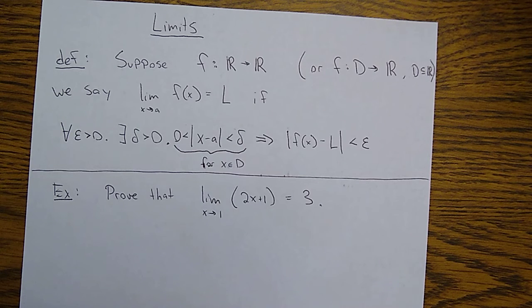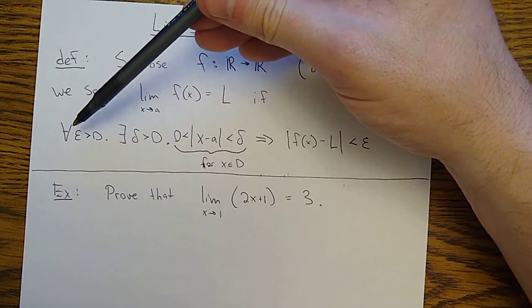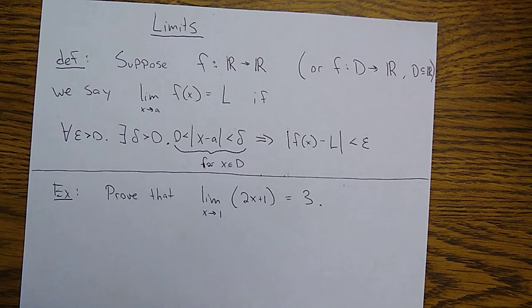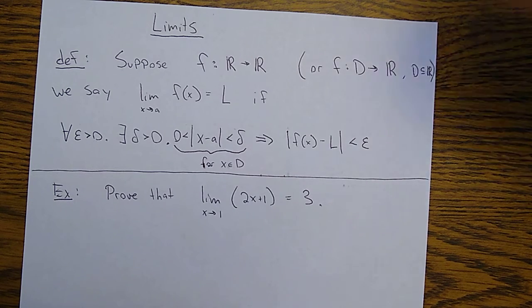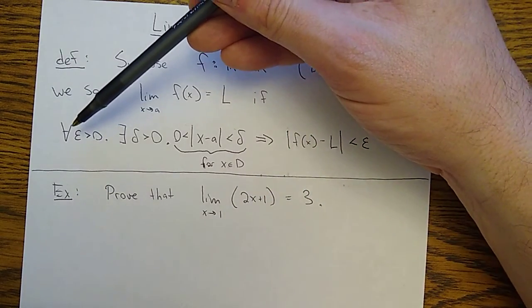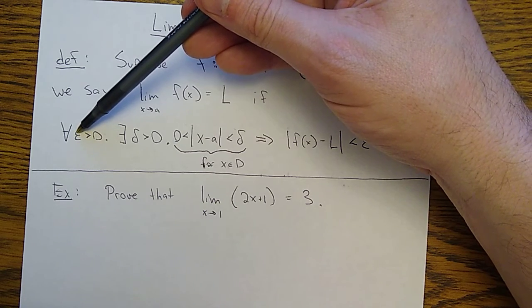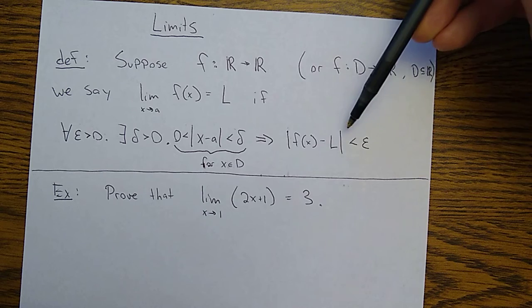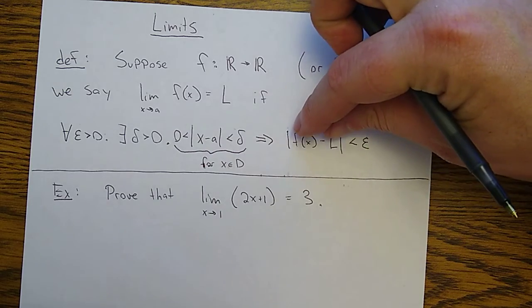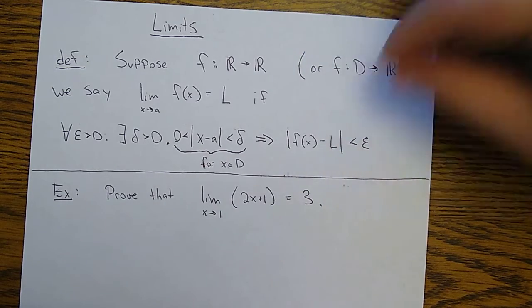So this is a pretty technical definition. Many people find it very hard to fully understand it, but essentially what this is saying is that epsilon and delta are like measures of closeness. These are intended to represent small numbers, and roughly speaking, epsilon and delta are measuring how close one number is to another number. So what this is saying is that no matter how close we want f of x to be to L, because epsilon is how close f of x will be to L. F of x minus L in absolute value is less than epsilon.